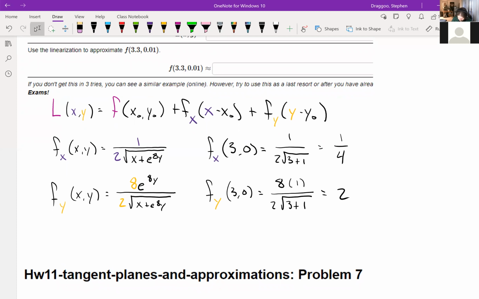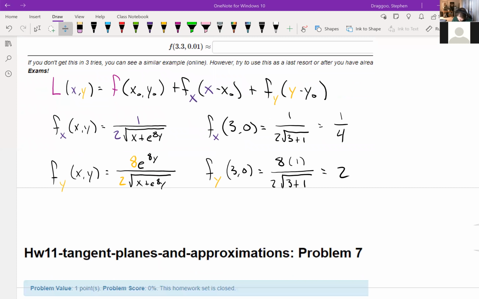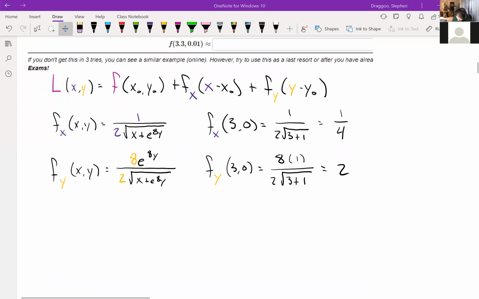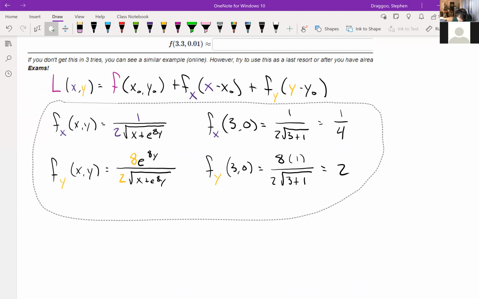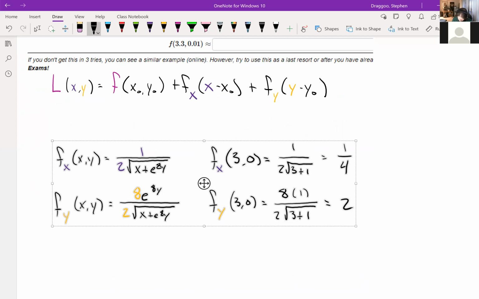Oh, and then also one more step that I haven't quite done yet. Okay, the other step is I do just need f of 3, 0 as well. So I'll take all of this, scooch it down just a little bit, because that's really like steps 1 and 2.